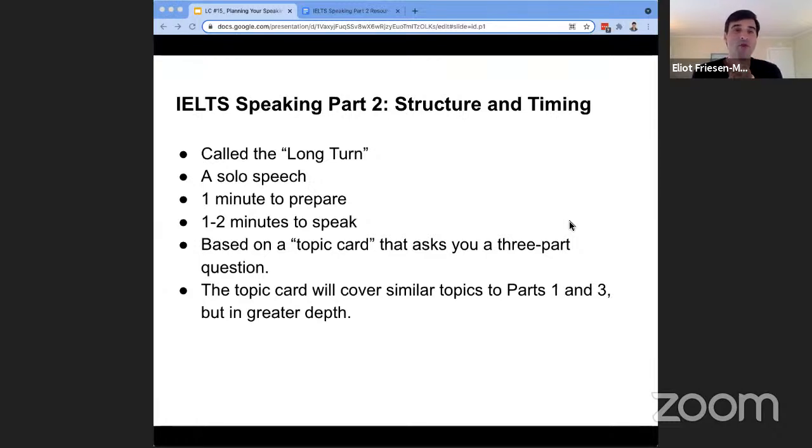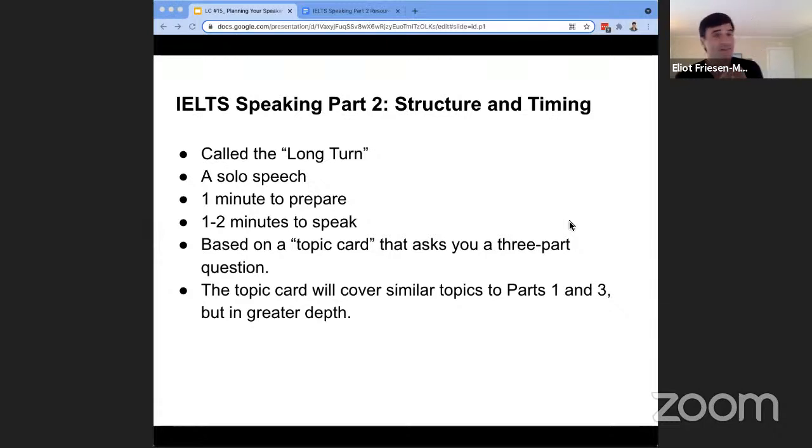We also have some newer students, some who haven't jumped into their lessons yet or don't know much about the test. So let's start at the beginning. We'll go quickly with some review of some basic things about part 2 of the speaking test, and then we'll dig in. I see some folks commenting that they're new. Okay, so we'll start out with the basic information and then we'll get more detailed as we go.